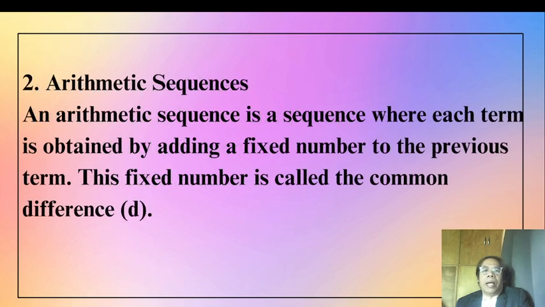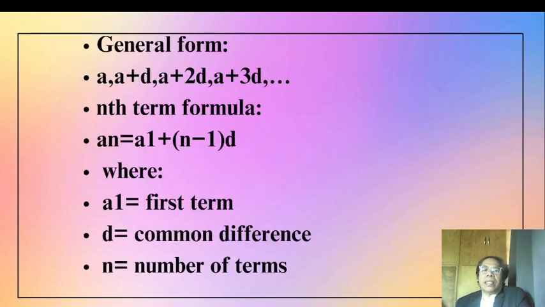Number 2, arithmetic sequences. An arithmetic sequence is a sequence where each term is obtained by adding a fixed amount to the previous term. This fixed number is called the common difference.